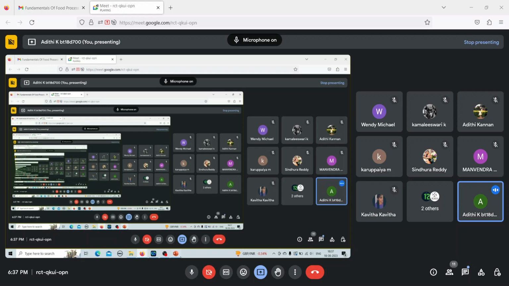Now if you had a single effect evaporator, delta T would be straightforward, that is Ts minus T1, as we saw in the previous second question. But if you have multiple effect evaporators, in the first effect you will have Ts minus T1. In the second effect, the vapor from the first effect acts as the steam, so you'll have T1 minus T2, plus T2 minus T3, because vapor from the second effect acts as the steam in the third effect.